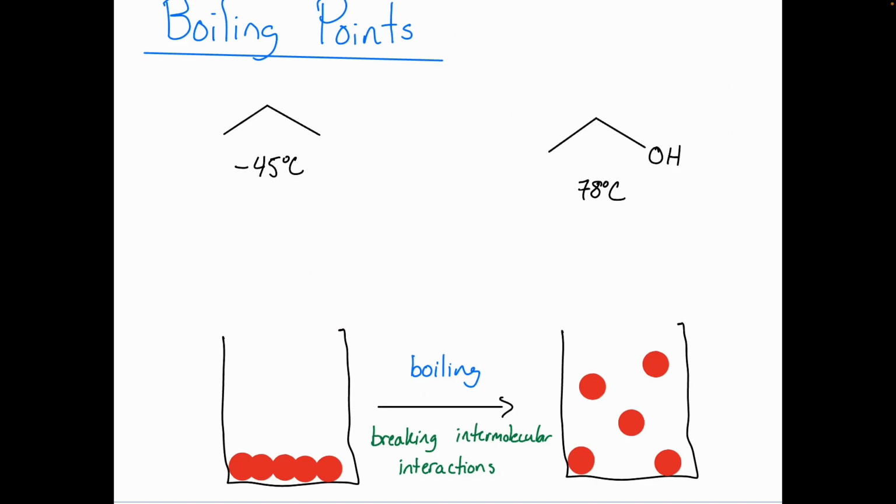But what about propane? What would propane be at room temperature? A gas, right? Because its boiling point is really, really low. So at room temperature, it's already in the gas phase. And yes, that's because ethanol has these hydrogen bonding interactions because of that OH group. And propane doesn't. It has only what are called dispersion forces, which are the weakest of all of the intermolecular interactions.